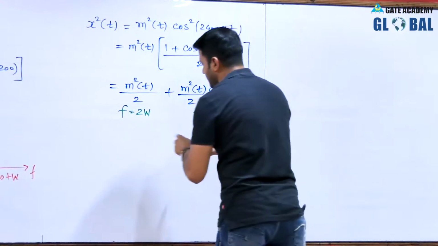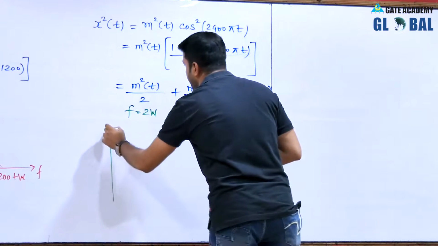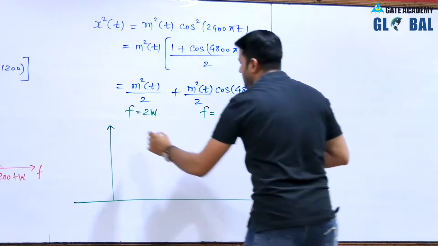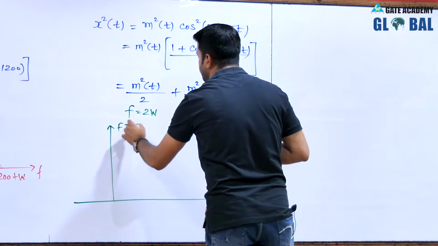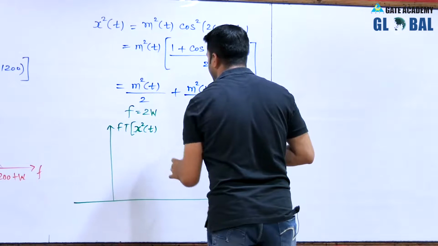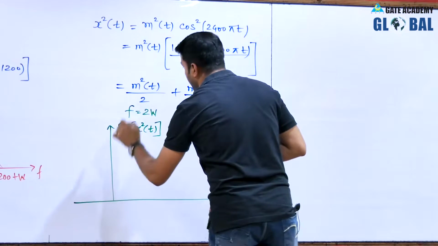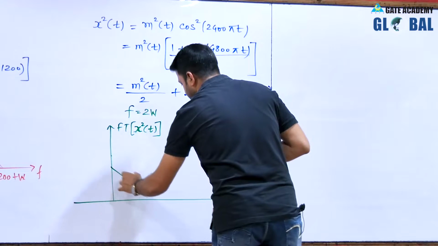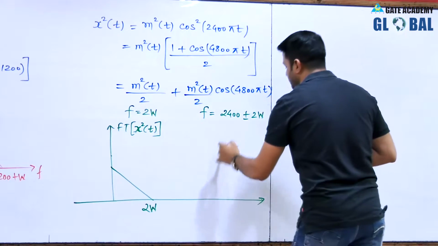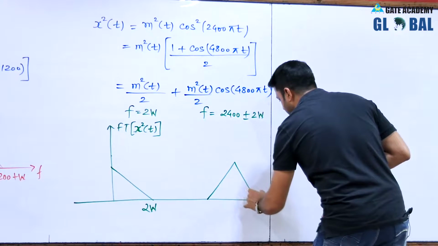If we draw the spectrum of the Fourier transform of x square t, only for positive frequency, this is 2W, and this will be shifted to 2400.